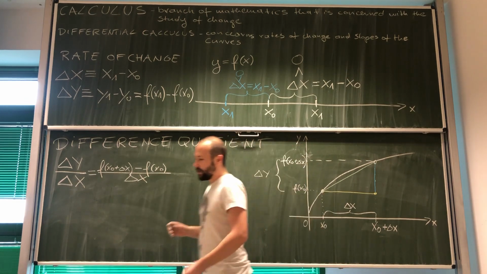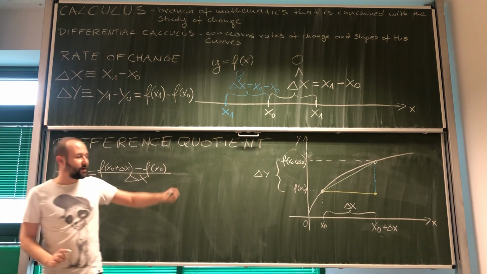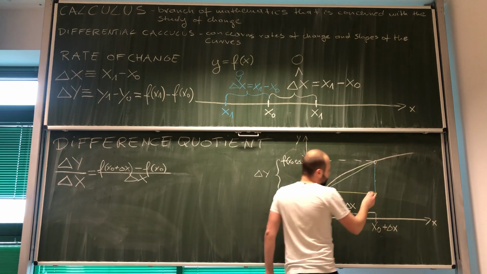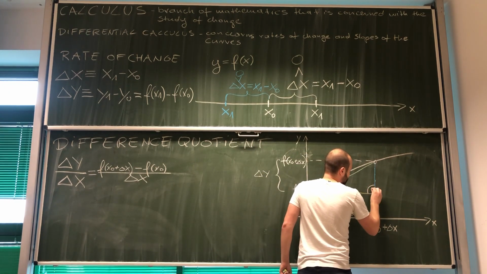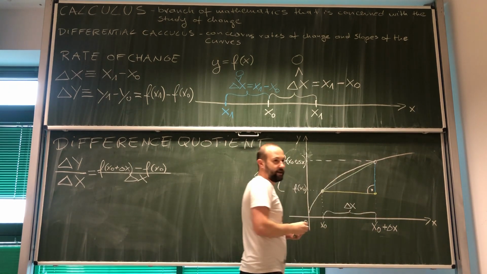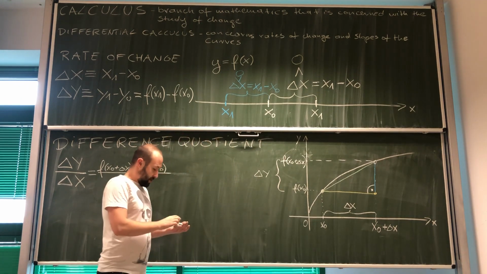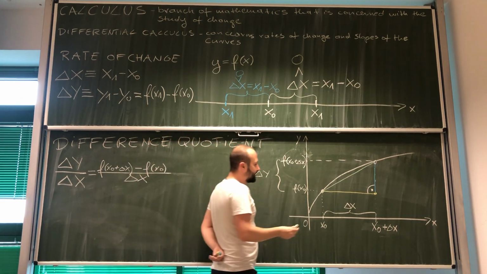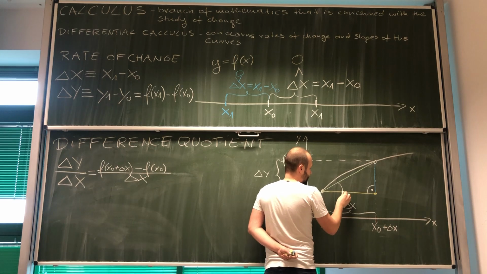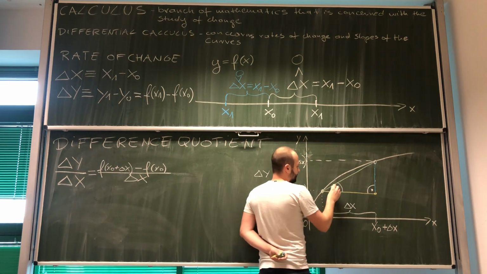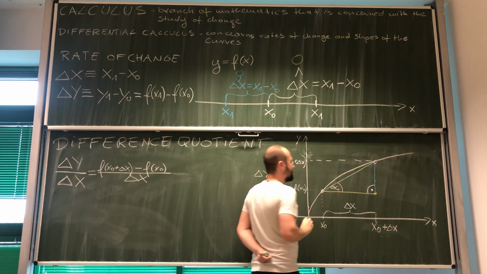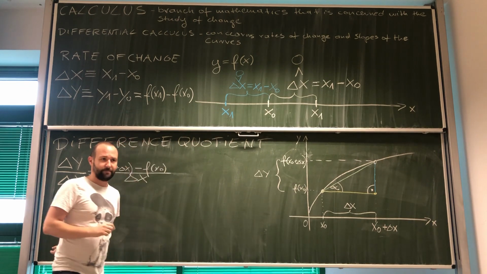The first thing we can notice is that what I've obtained is a right-angled triangle. Now, if I denote this angle as alpha, what am I getting over here?